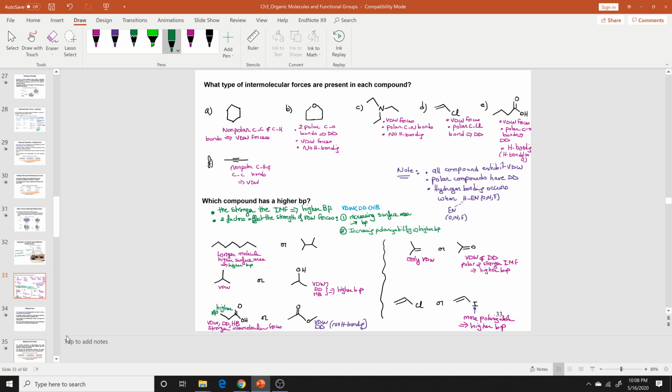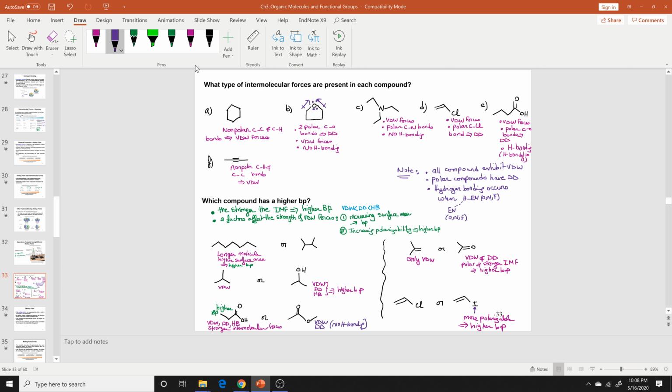So what type of intermolecular forces are present in each compound? Okay, if you have a CC bond, CH bond, it's going to be van der Waals forces. In this case, this is going to be nonpolar. This over here, since you have oxygen, this oxygen will introduce a dipole.